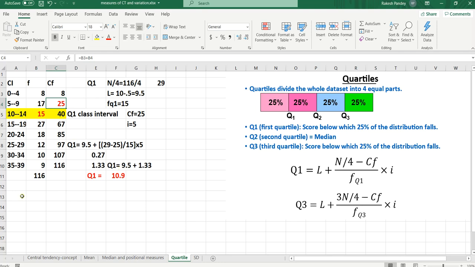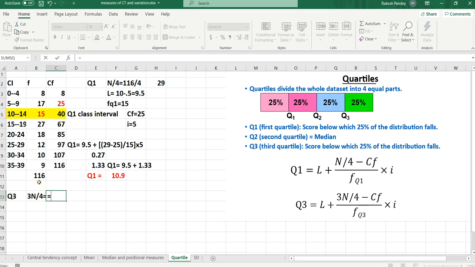Now similarly we can do the computation of Q3. For Q3, the first thing required is 3n by 4. Let us write capital 3n by 4, which is basically equal to 0.75 into n.